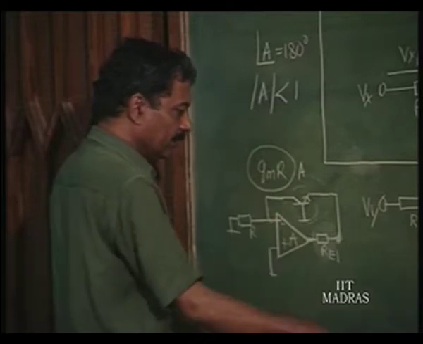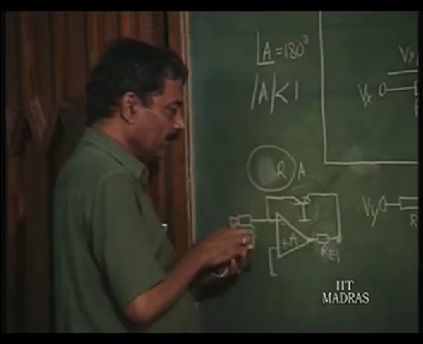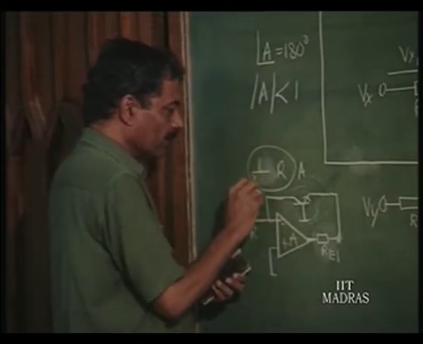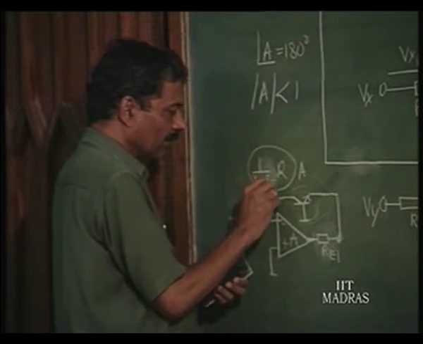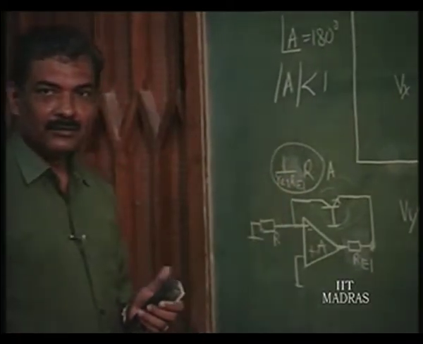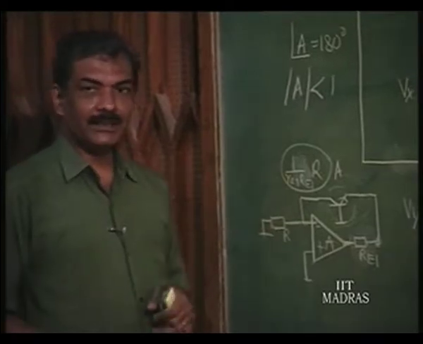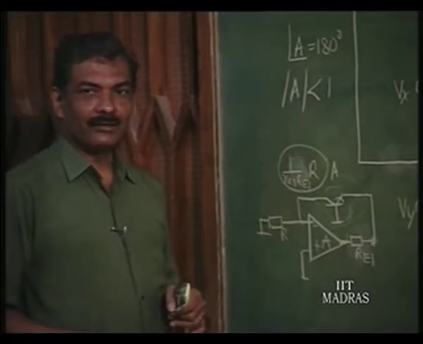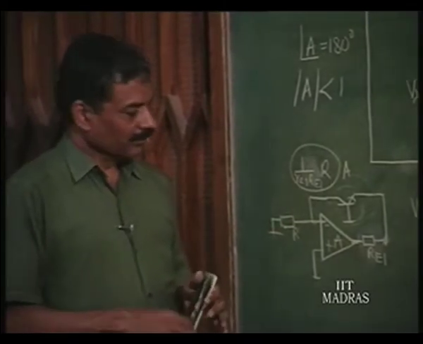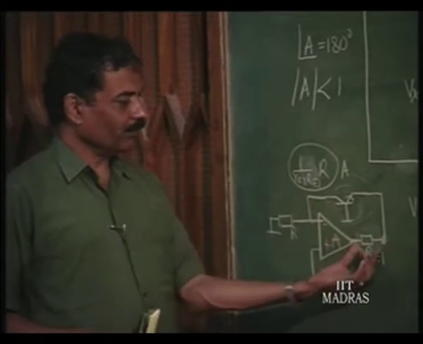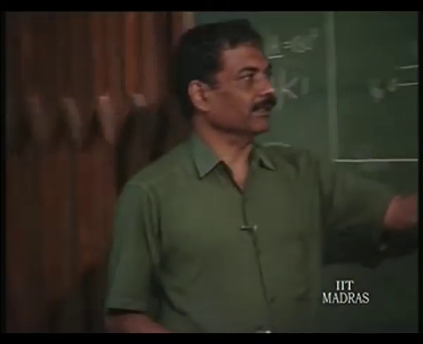So, this Gm, instead of 1 over small re, will be 1 over small re plus Re1, so that R over Re1 is less than 1. So, that is the idea for putting a resistance in series here.